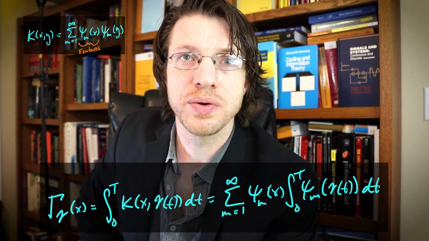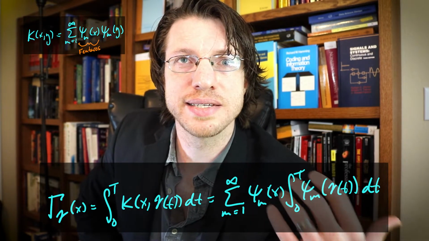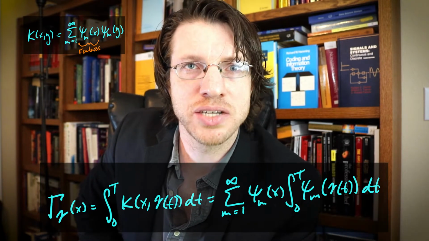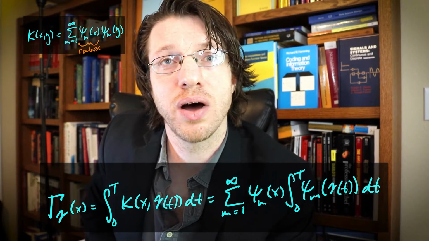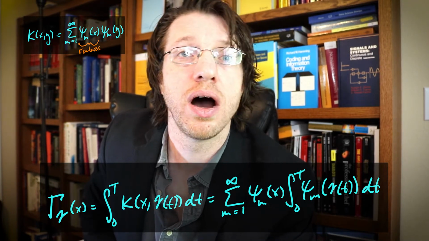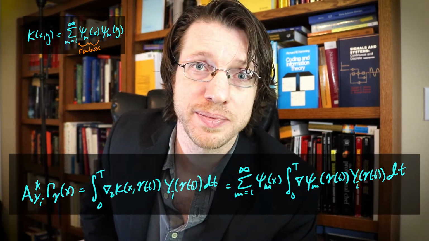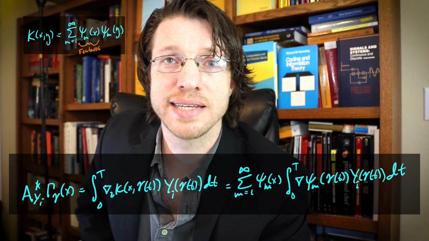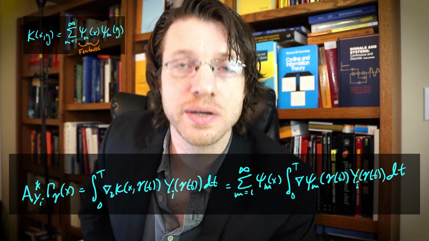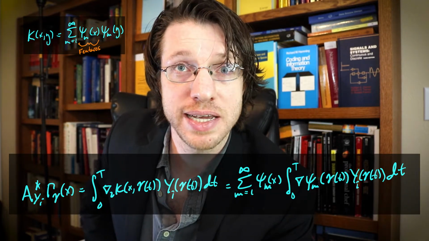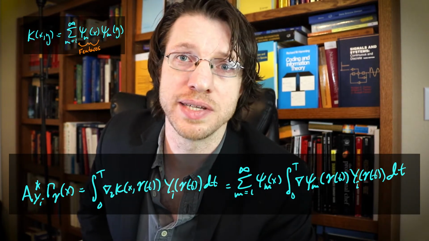So now what we can do is, if we want to take a look and see what happens when we apply the adjoint of a Liouville operator corresponding to one of our basis functions, then all of that action ends up happening on the second variable and not the first. And so we can now just take a look at the integral of the gradient of our feature composed with gamma of t times y of gamma of t dt.